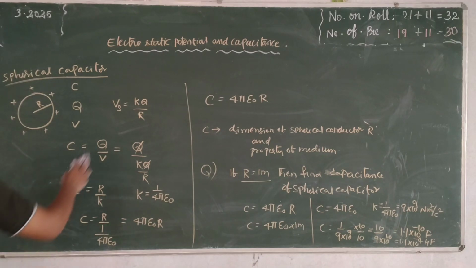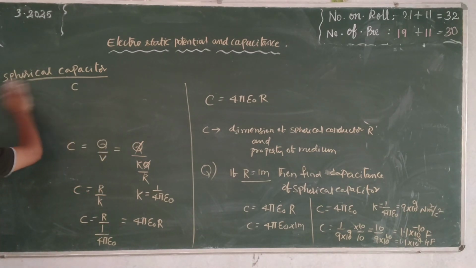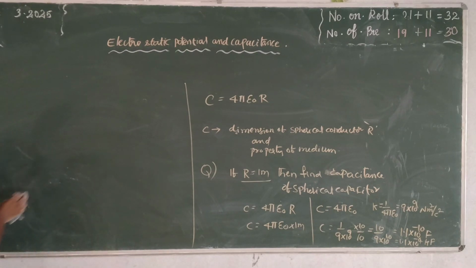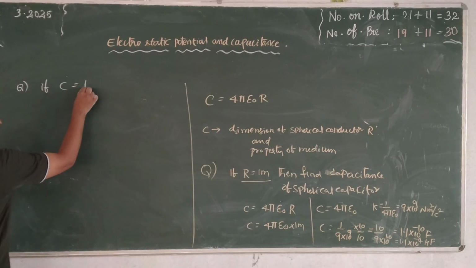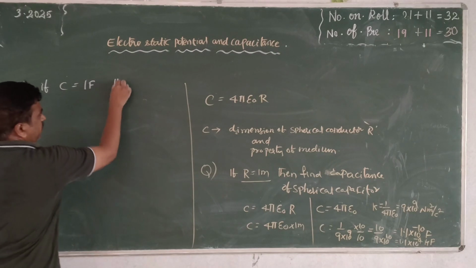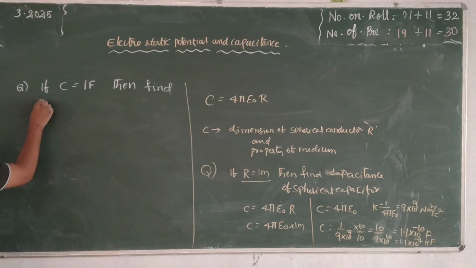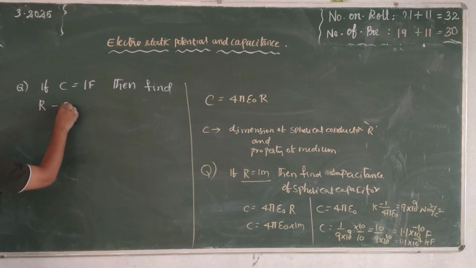Next concept. Next problem: if the capacitance is 1 farad, then find the radius of the spherical capacitor.